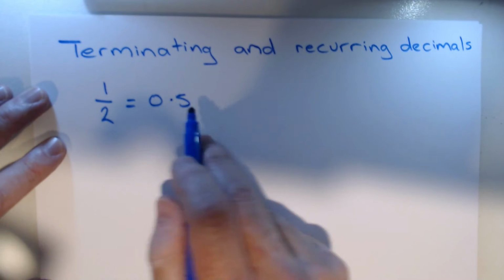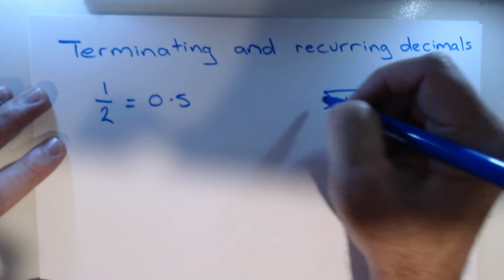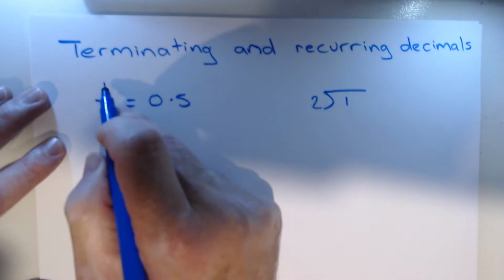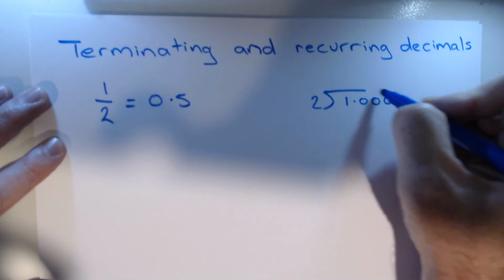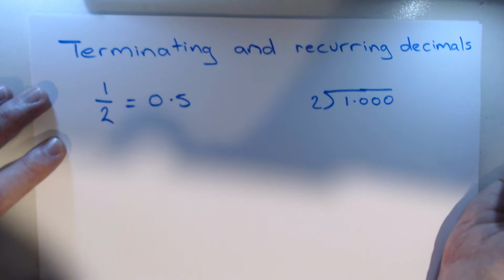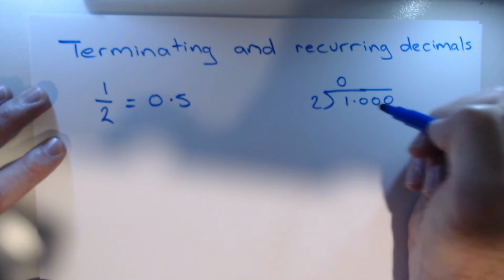Now this can be demonstrated by doing some long division as well. If we say 1 divided by 2, which is what this fraction means, we can add some extra zeros here in order to perform this division. 2 divided by 1 doesn't go, so we write a 0.